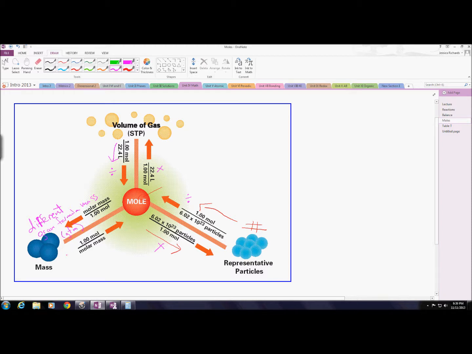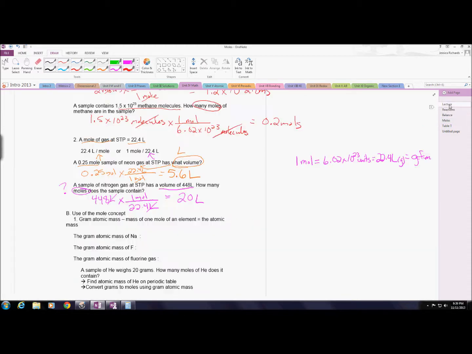It's going to be the sum of all of the atomic masses of either your element or your compound. So we'll still divide by the gram formula mass if you have a mass and you're trying to find moles. And we'll multiply by the gram formula mass if you're given moles and you're trying to figure out how many grams those are. But the number itself will not always be the same, and that's what makes it slightly tricky.